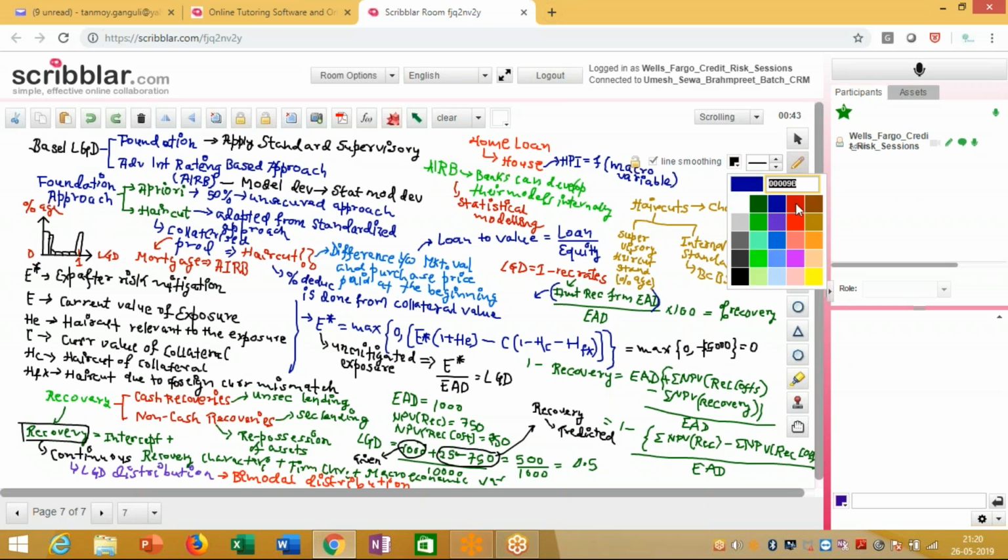So one of the modes appears over here and one appears over here. This is the bimodal frequency.